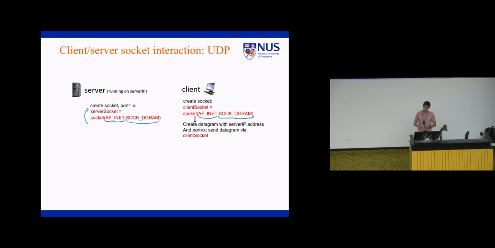Why is that? Again, the operating system provides it for us. We do not have to provide the client's IP address and the port number to our client program, because the operating system attaches it for us.